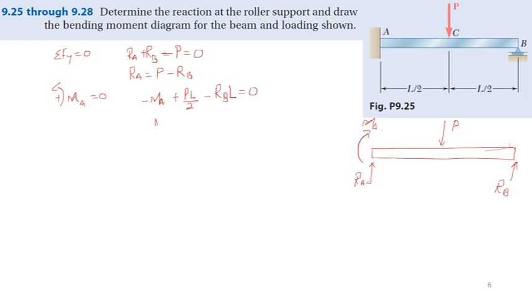Or if I want to write MA in terms of RB, so RBL minus PL by 2, that's it.